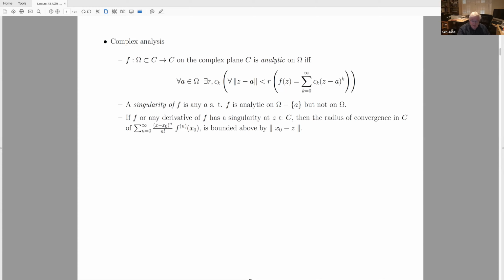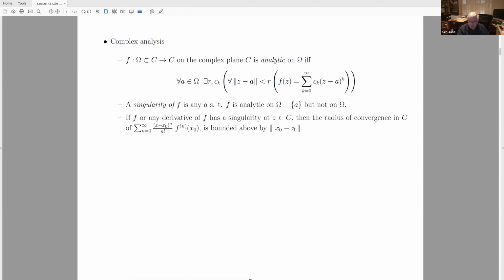Now, a singularity in general is going to be some point where either f itself, like log of z, is not analytic, or maybe some derivative of f has a singularity. Now, if there's a singularity at z and you're sitting at some fixed point, then this power series, basically a Taylor series based at x0, has a radius of convergence bounded above by the distance between x0 and z.